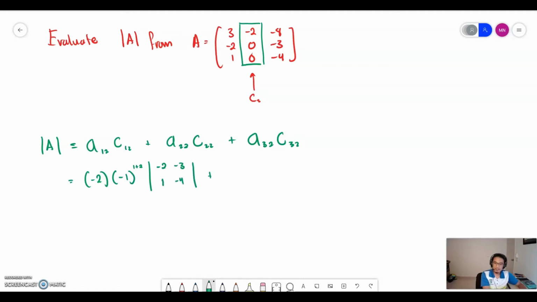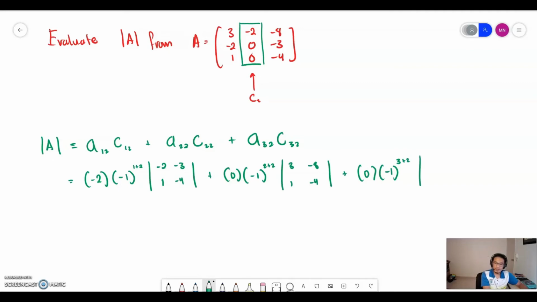Plus, next, A22, which is 0. Then we have negative 1 to the power of 2 plus 2, then 3, negative 8, 1 and negative 4, plus 0, negative 1 to the power of 3 plus 2.